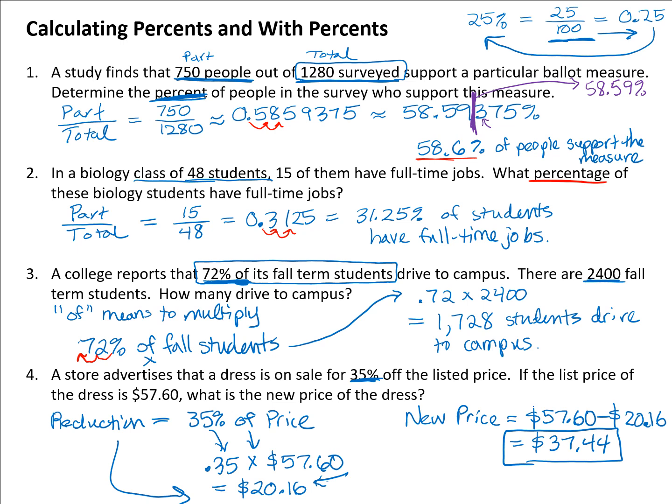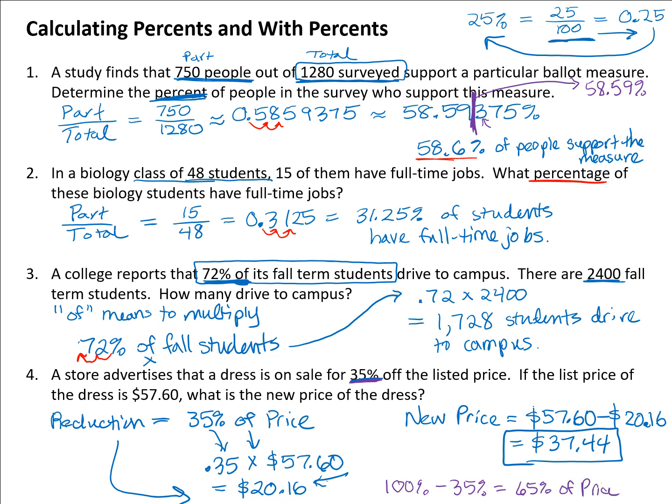Another quick way to do these kind of percentages off of prices is to think about it the following way. Let's say you have 35% off a listed price. That means instead of paying 100% of the price, you are paying 100% minus 35% of the price. Now, 100% minus 35% means you pay 65% of the price.